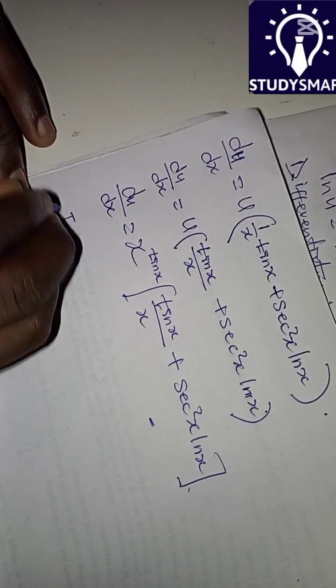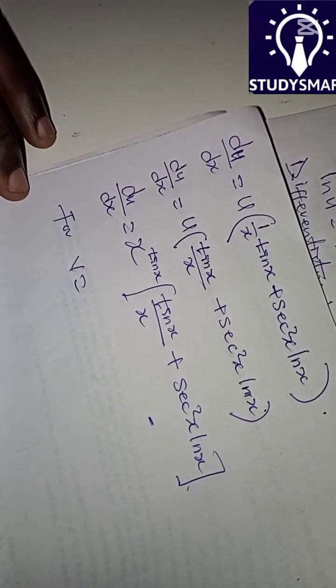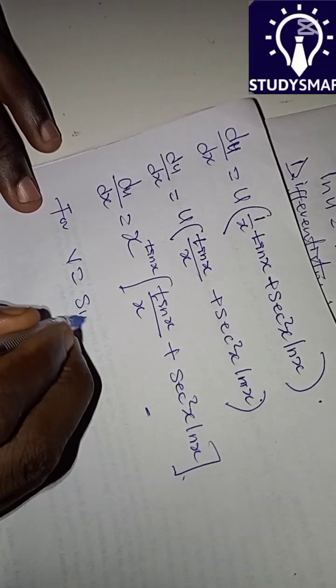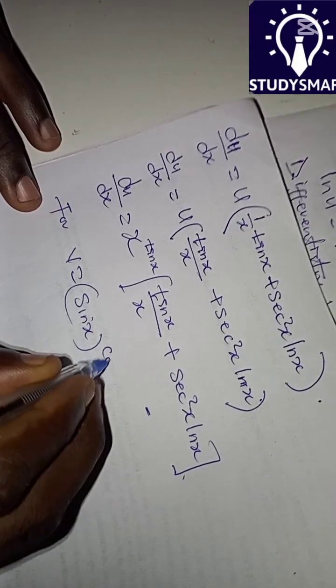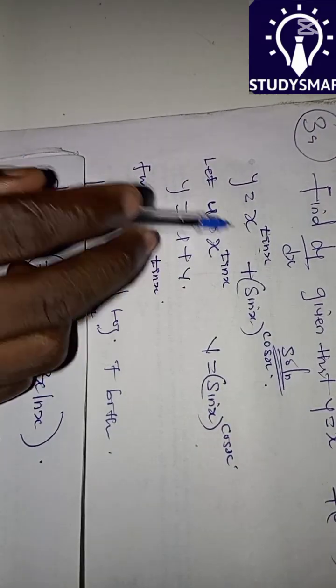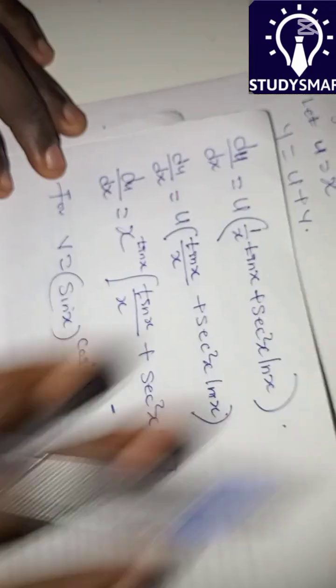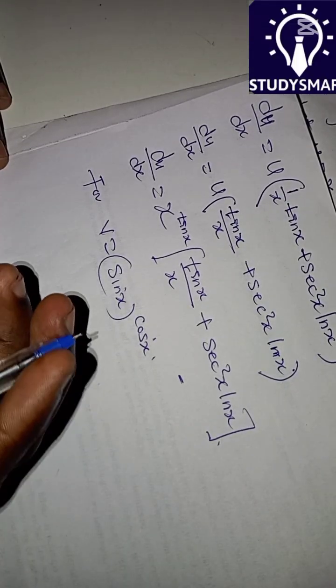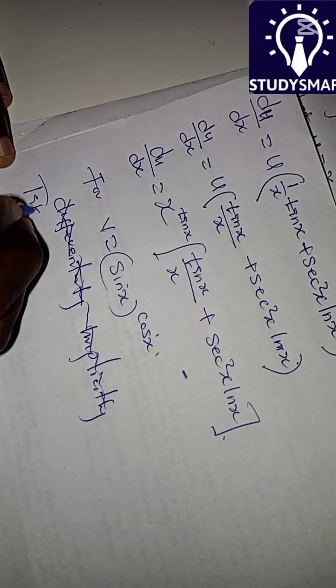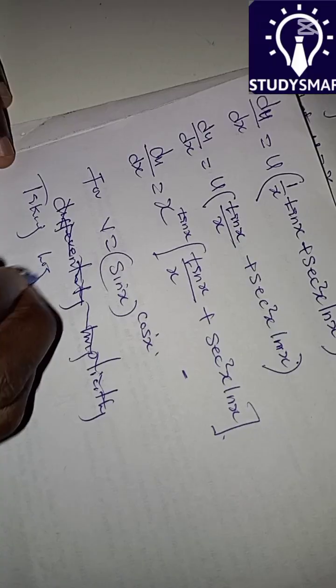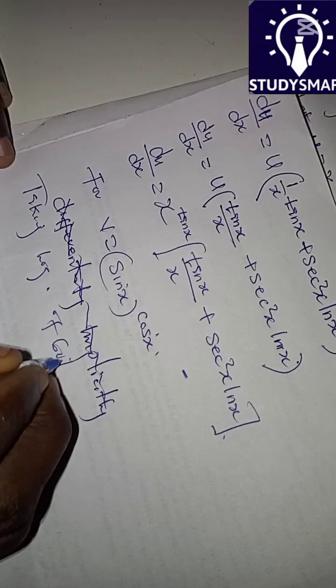So for v equal to sin x to power cos x, what we just did was for u, and we are doing this one now. At the end of it, we'll sum the two together. We'll be doing dv over dx with implicit differentiation too, taking natural log of both sides.